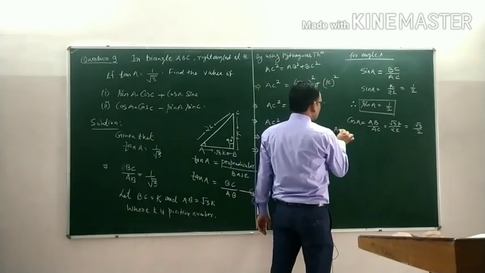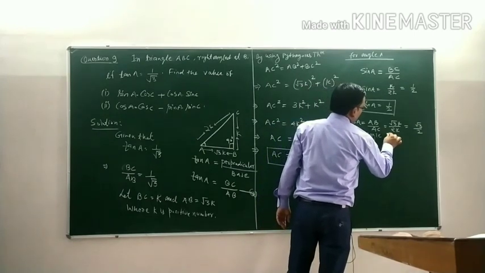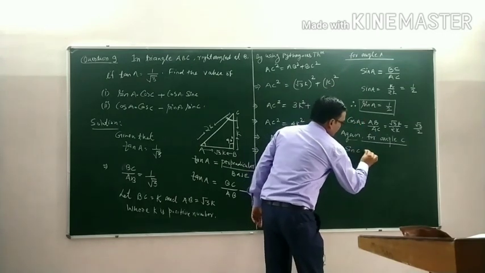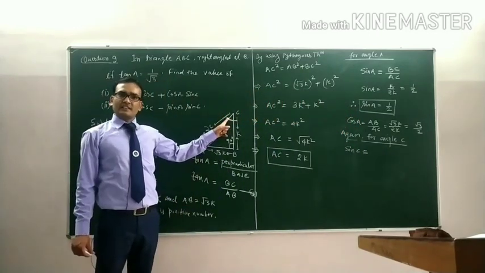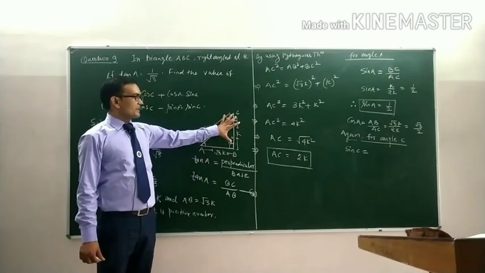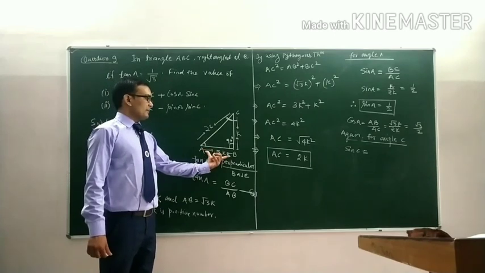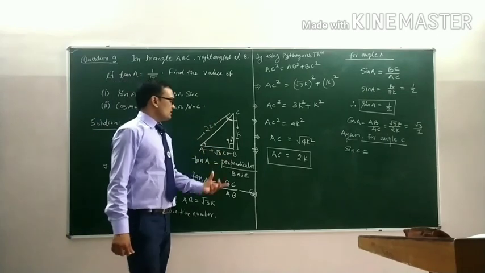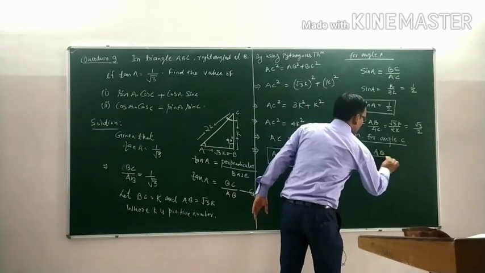Again, for angle C, AB is the perpendicular side and BC is the base. That means sin C is the perpendicular side upon hypotenuse. Sin C is AB upon AC.